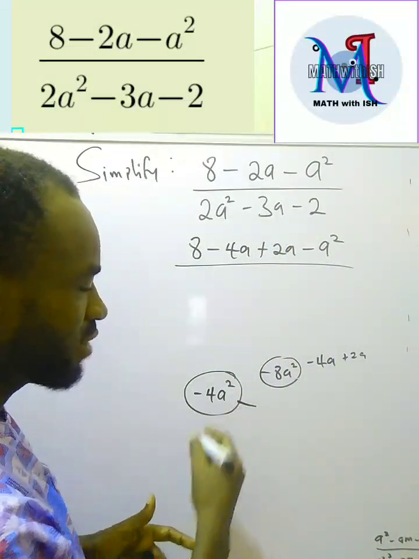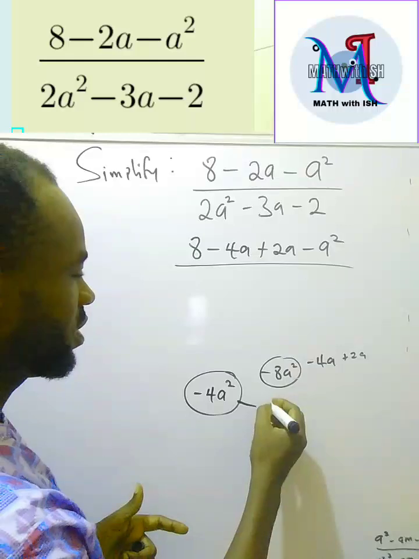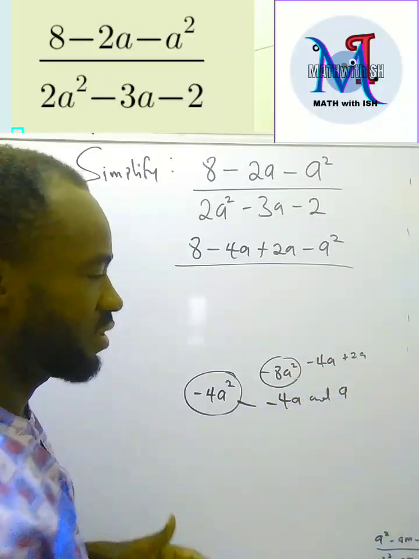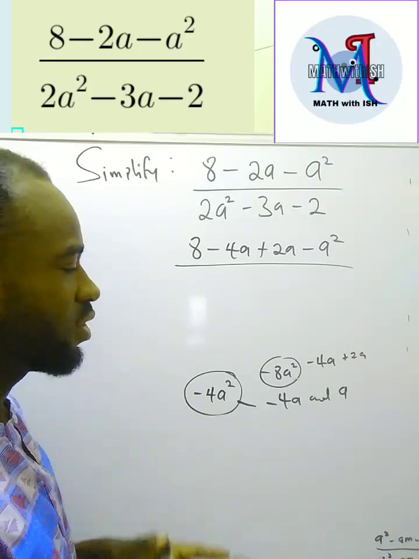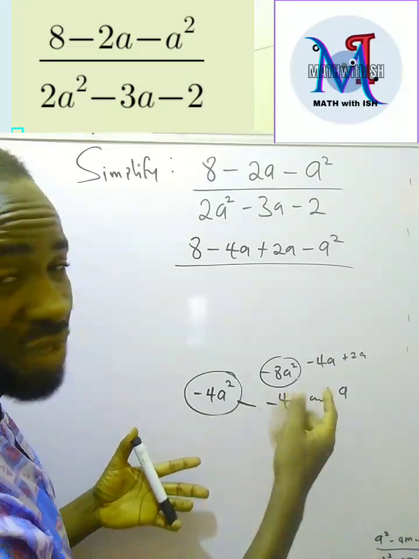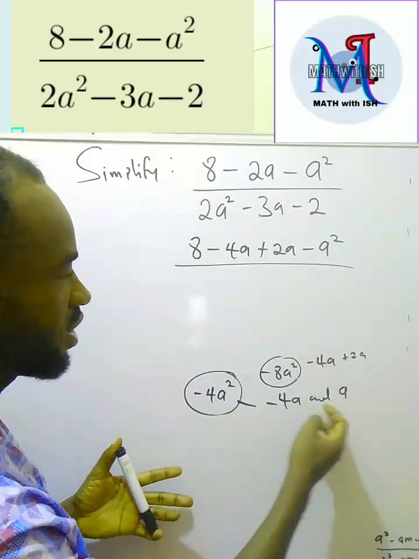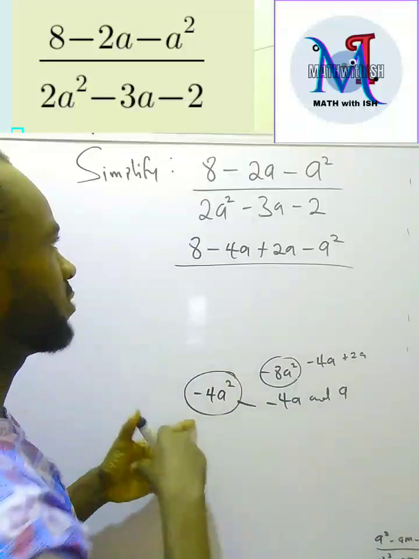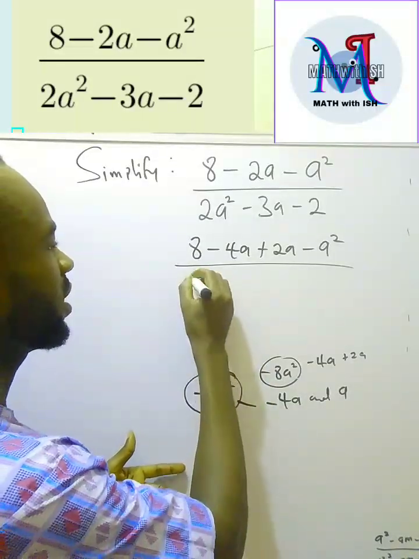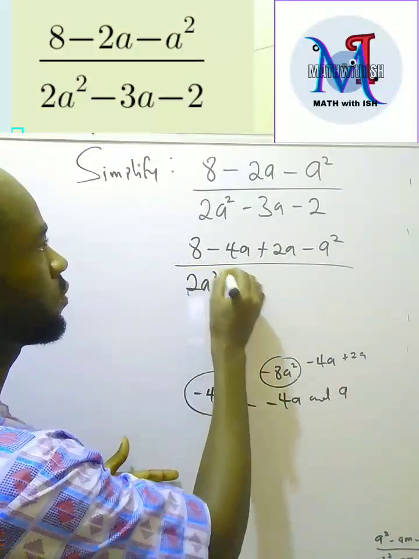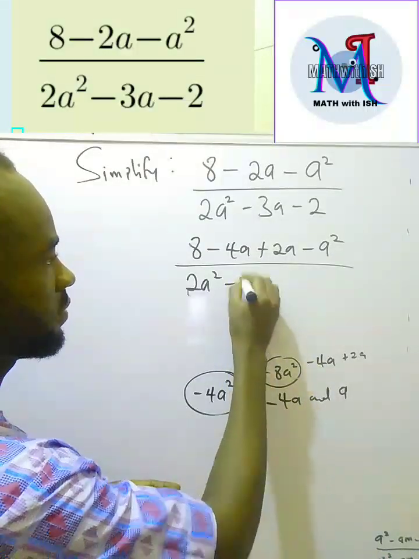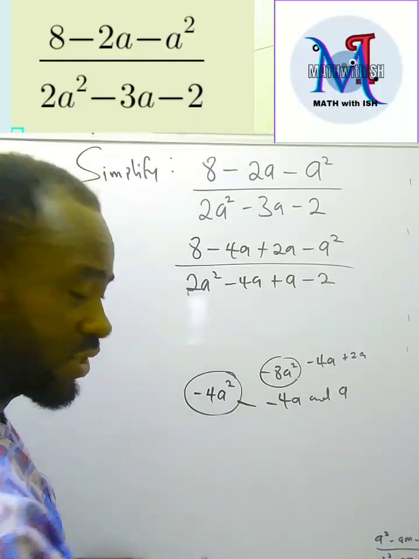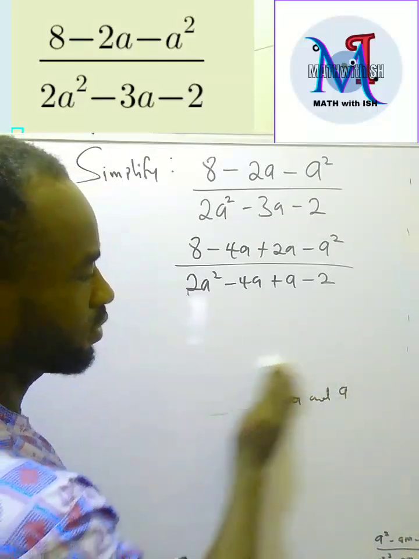The two factors will be minus 4a and plus 1a, because when you add them together, it gives you back minus 3a. So I'm going to replace this minus 3a with those two factors. I'm going to have 2a squared, then minus 4a, then plus a minus 2. Can you see that?